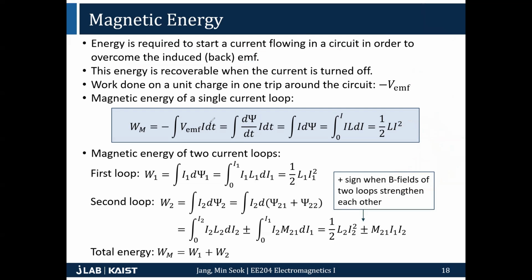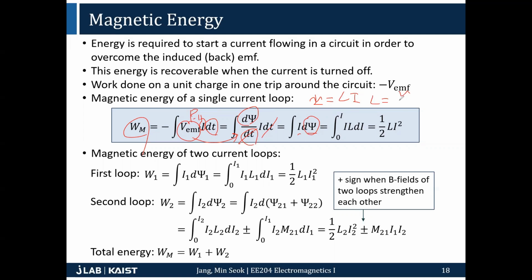Okay, and then how much energy you can actually easily calculate, because you know that the power is V multiplied by I. We know this, right? So by taking the time integration of this power, you get the energy. And then EMF, electromotive force, is negative of d psi dt, and then dt cancels out. It becomes I d psi. And then again, in this case, if you have just a single loop, psi is just Li, right?